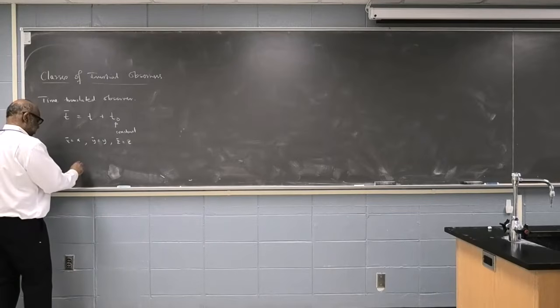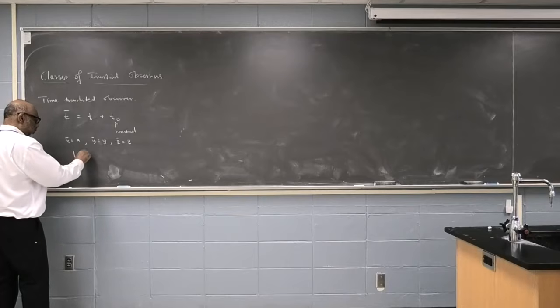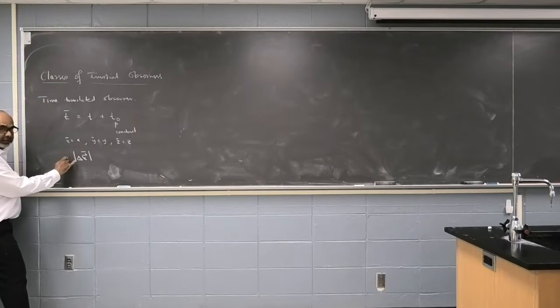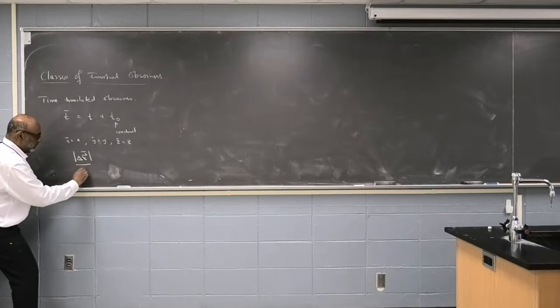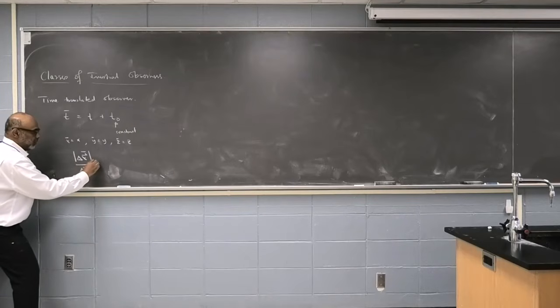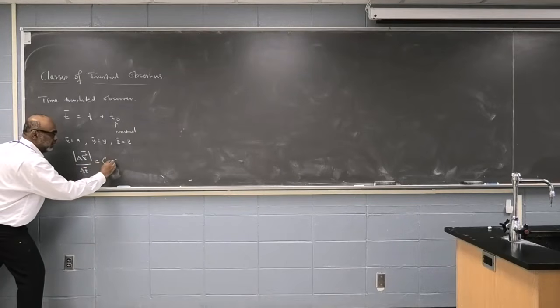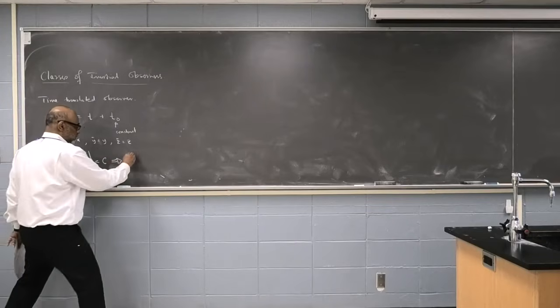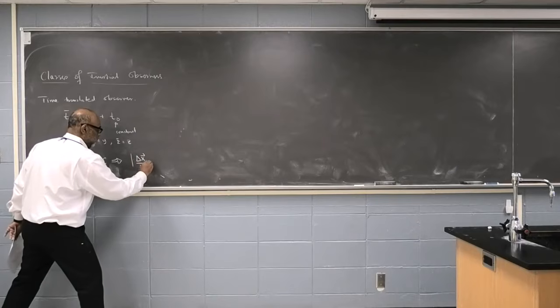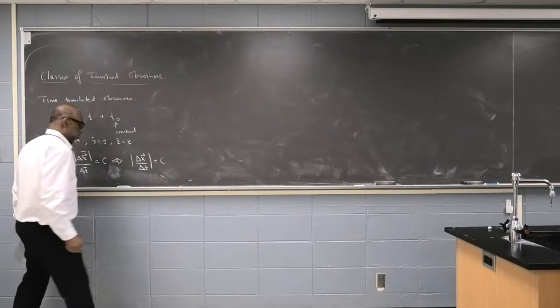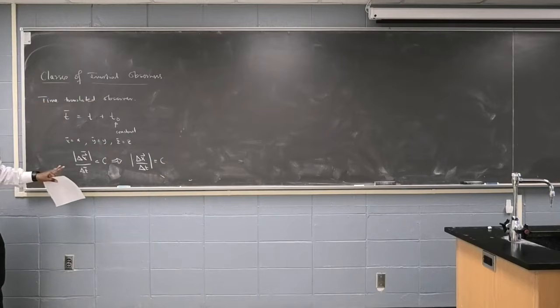Then delta x vector bar in the new frame over delta t bar equals c, which implies what? It should also be constant. Why? Because c remains constant no matter what frame. Well, we don't know, is it true here?